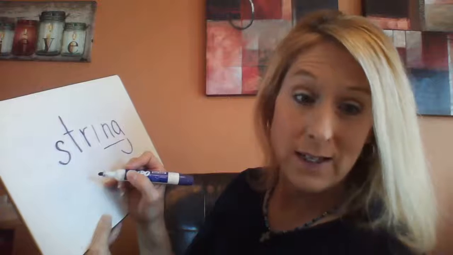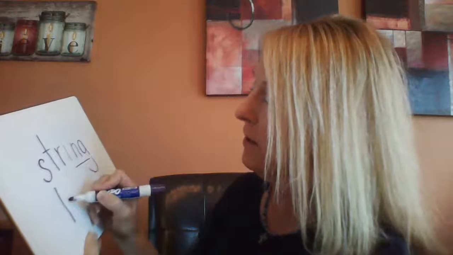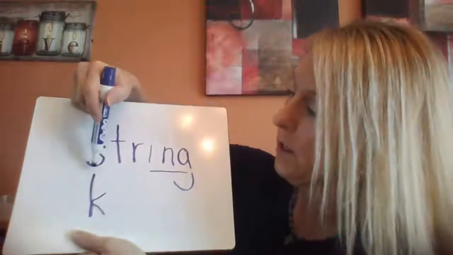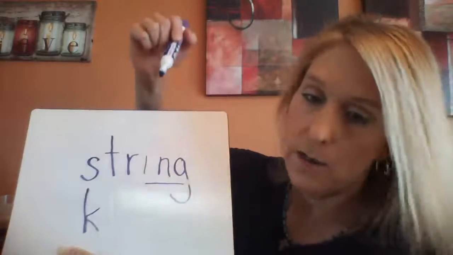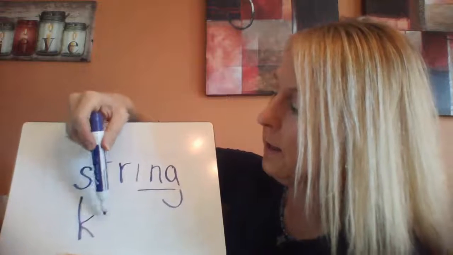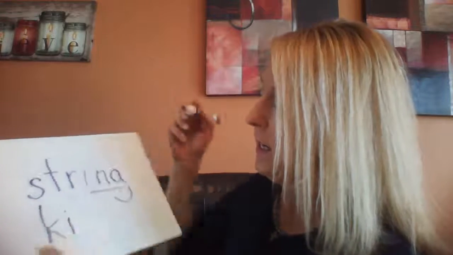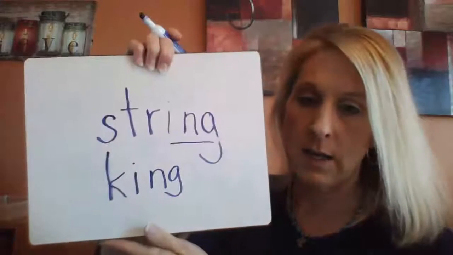King. Sometimes we don't know, is it a K or a C? You just kind of have to remember what it is. This king is actually a K. Remember our lowercase k, the little alligator mouth's at the bottom. So it has a long stem, little alligator mouth. K, I, and then our ng. King.